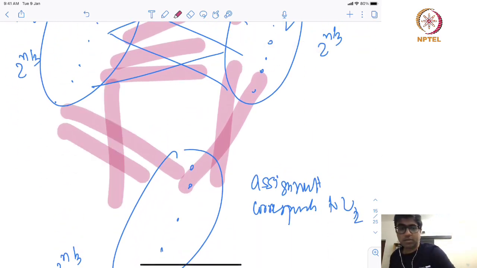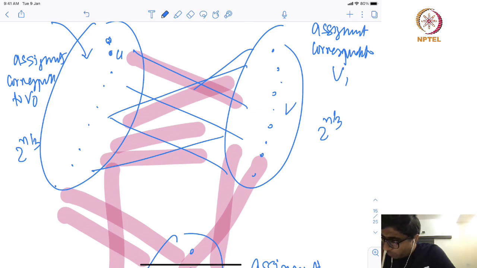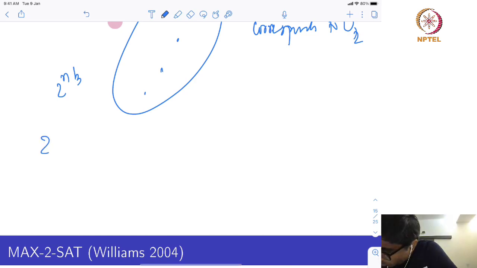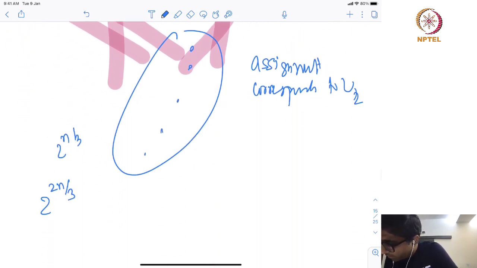Okay. Right. So, you ask yourself how many edges are here. There are 2 power n by 3 vertices, there are 2 power n by 3 vertices, all possible edges. So, this is like 2 power 2n by 3. Okay, fine. How many edges are between v1 and v2? Another 2 power 2n by 3.